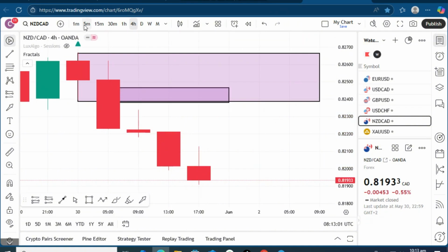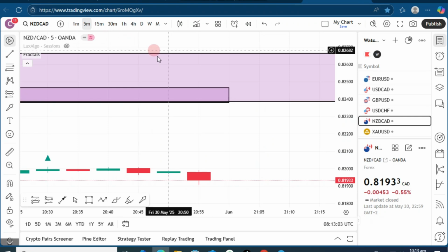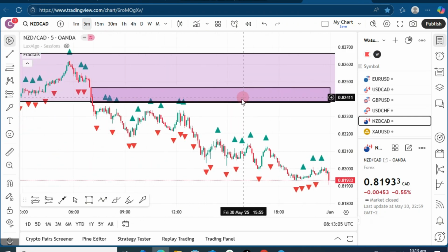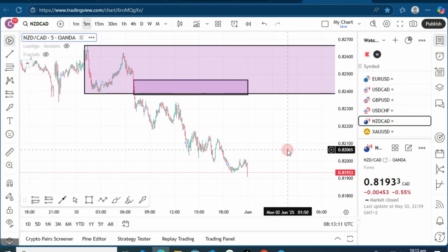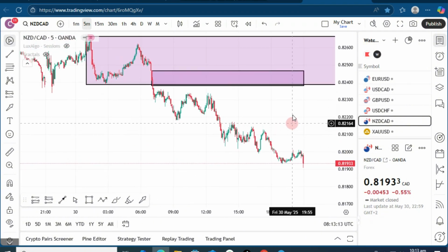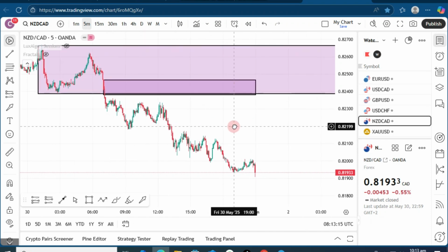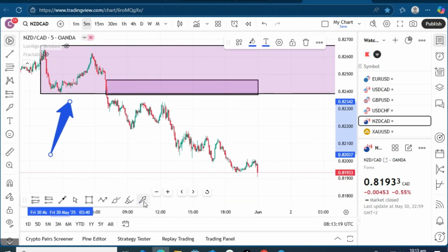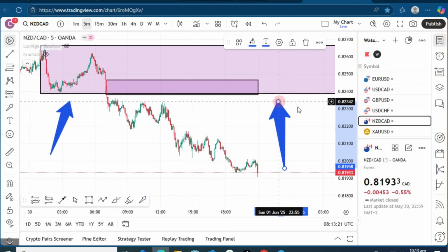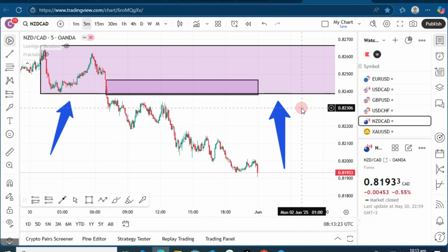Now let's take it to the 5-minute time frame, because that is where we're going to be doing the magic. On the 5-minute time frame, I can just remove the fractals because we don't necessarily need them now. Remember I said that this is our mark. We don't do anything beyond this point, because that is where the last key level was.